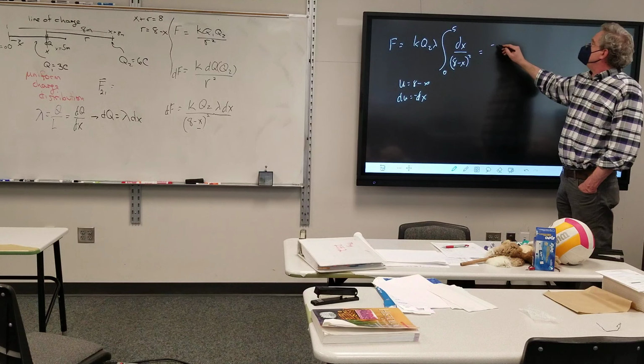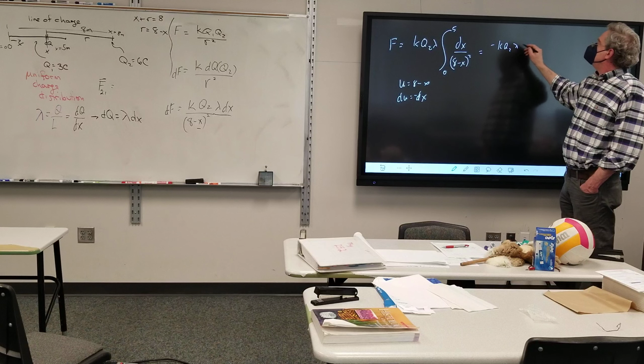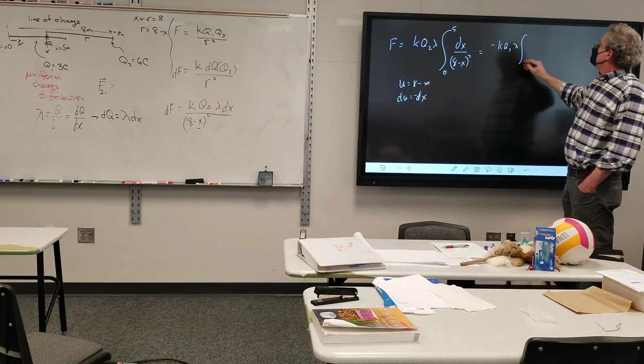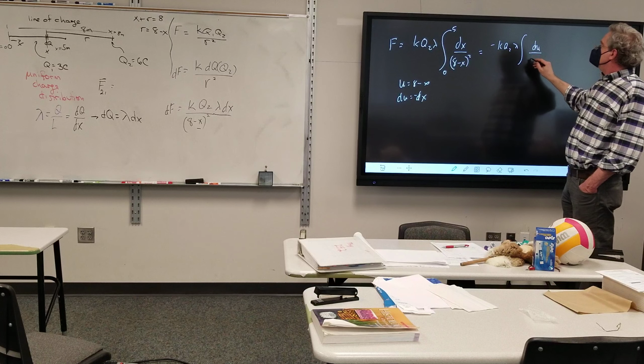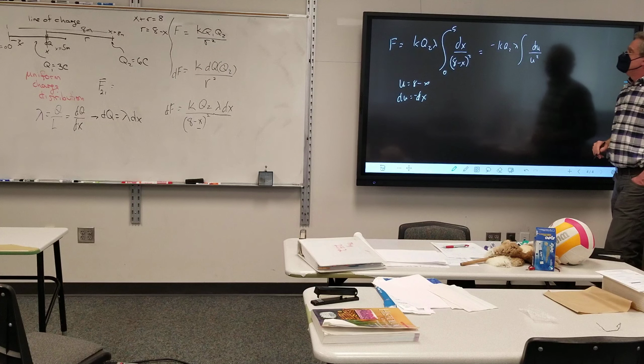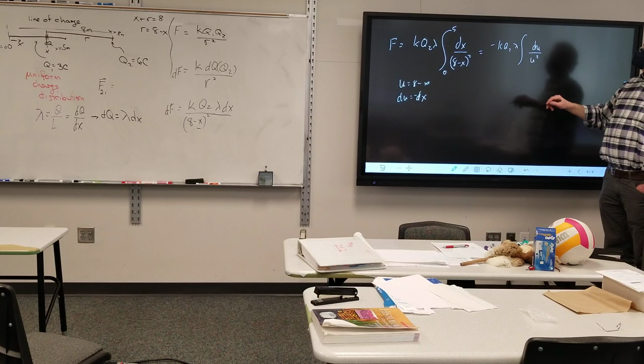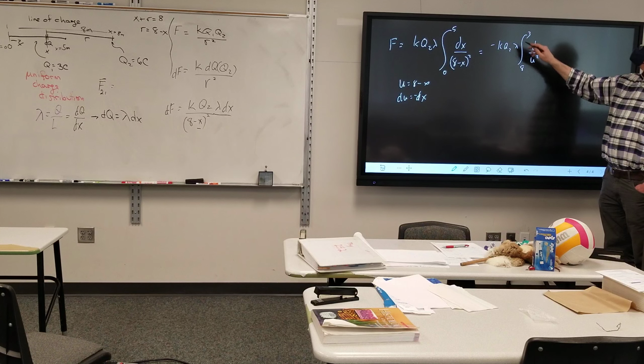So we end up with negative k Q2 lambda times the integral of du over u squared. And my limits of integration now change. If we stick in 0, we get 8, and if we stick in 5, we get 3.